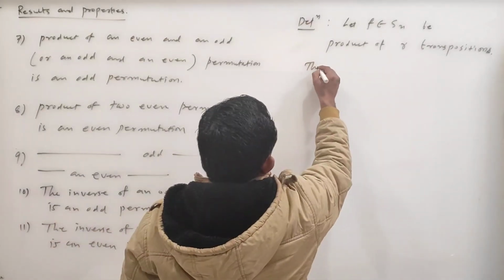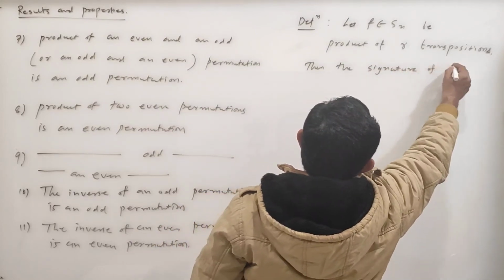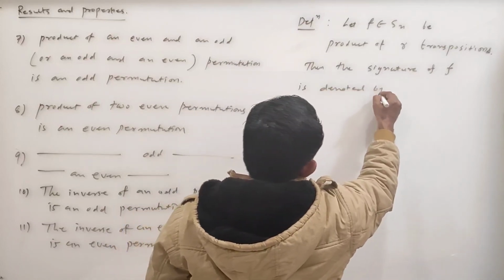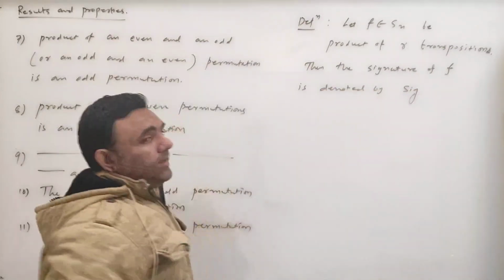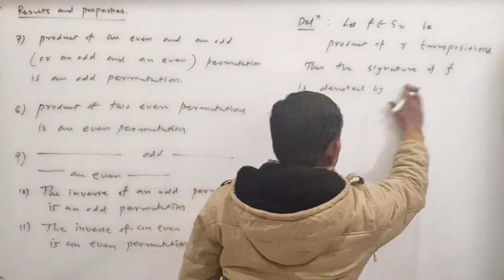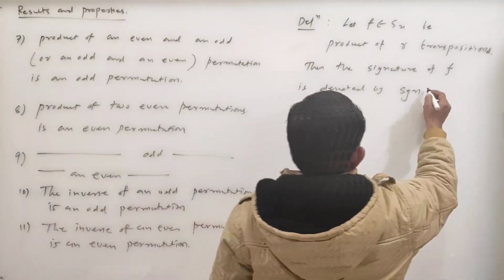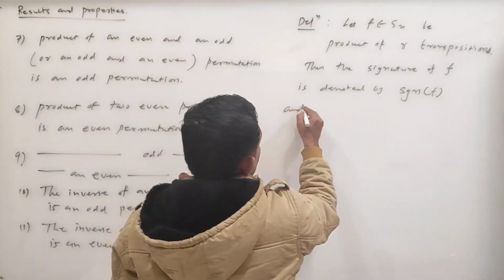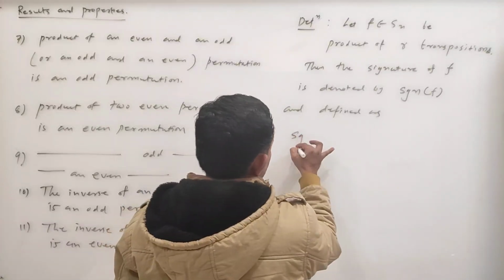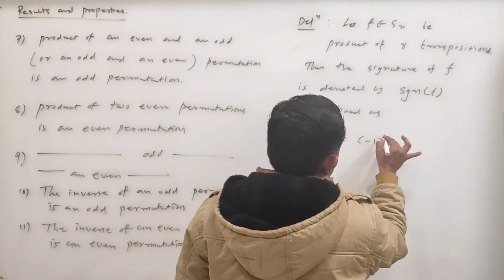Then the signature of f is denoted by sgn, signature of f, and defined as sgn f is equal to (-1) to the power r.